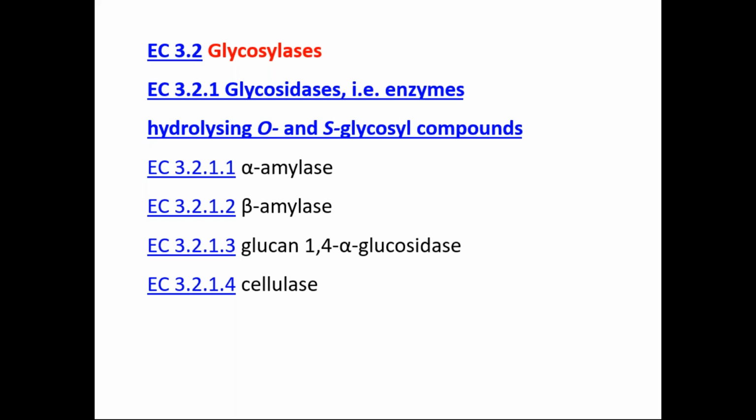And then you have 3.2.1.1, which is alpha amylase, which can break down starch, and 3.2.1.2, which is a beta amylase.